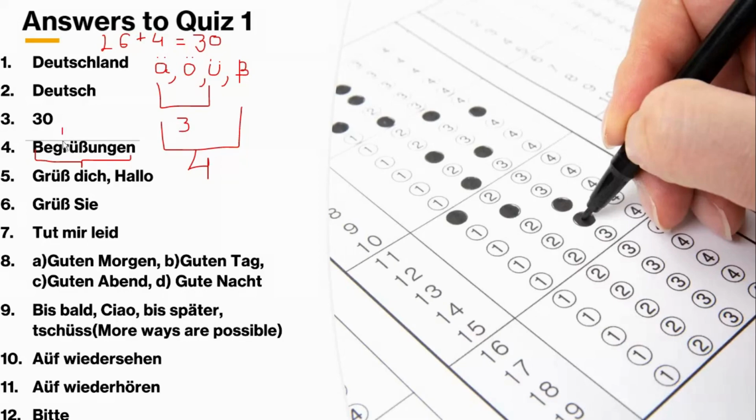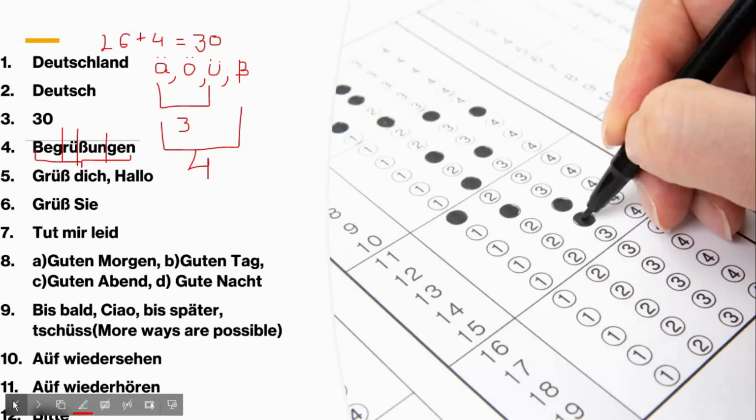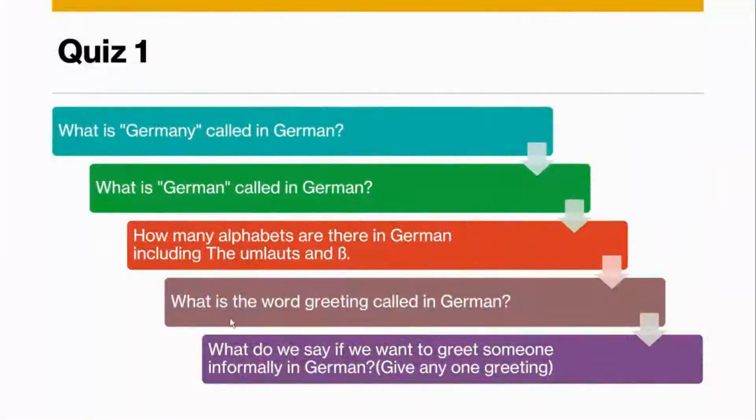We'll break it into parts. Begrüßungen. So this is how we approach a big word when we want to pronounce it. We break it into small chunks and then we say the word.